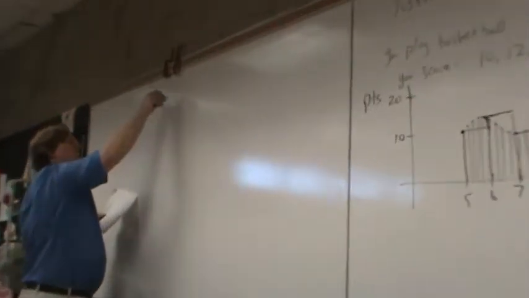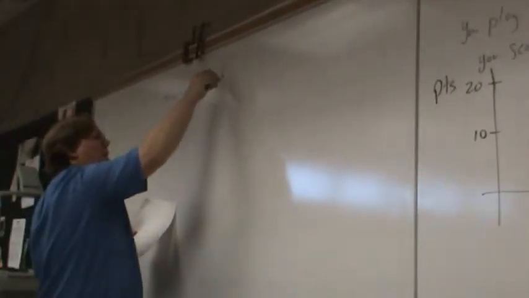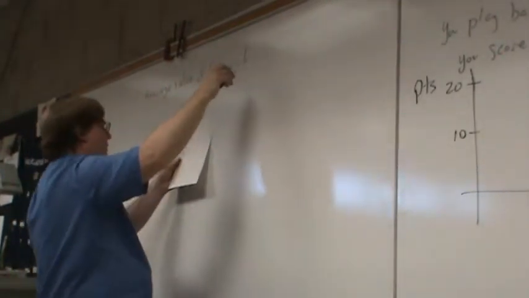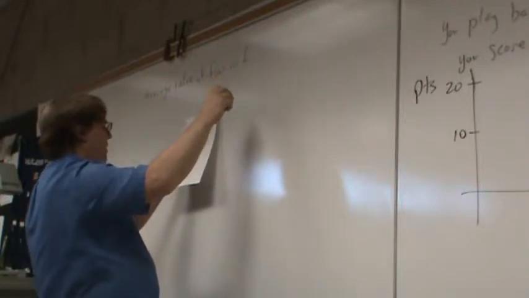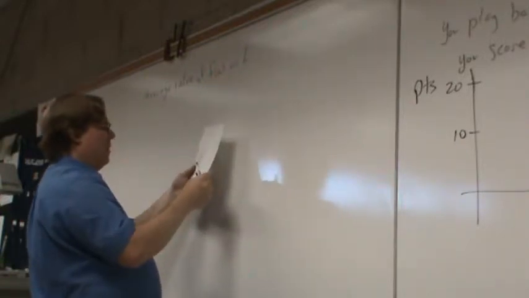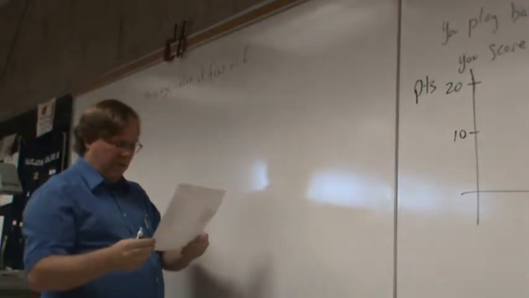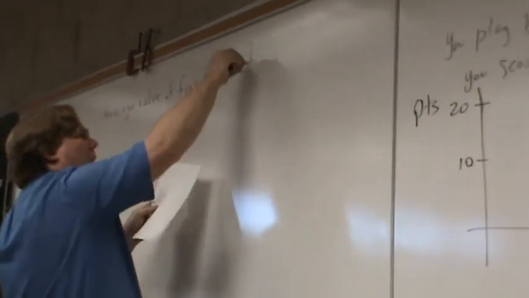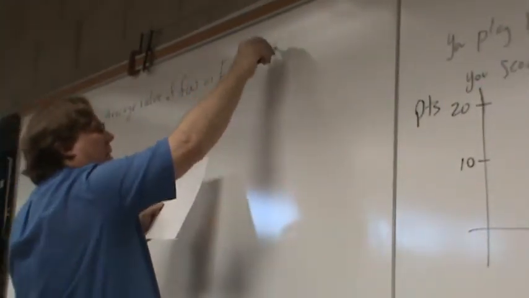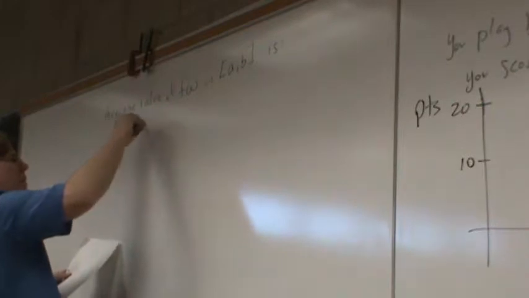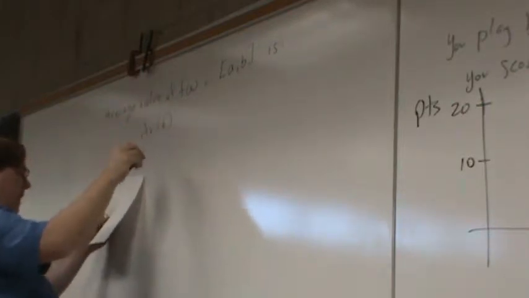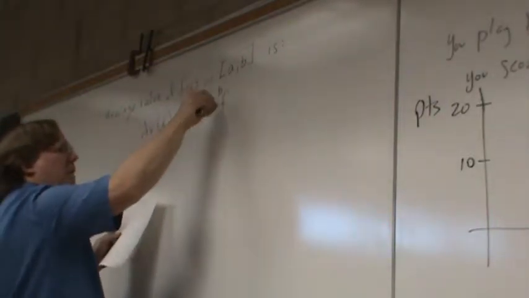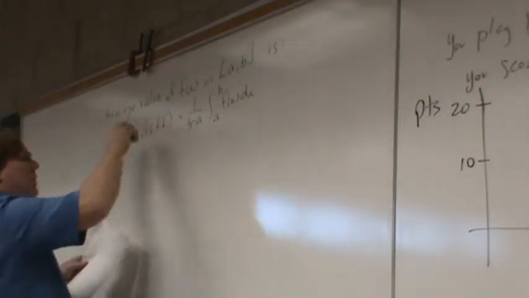Average value of f of x on the closed interval from A to B is written as follows. The way our textbook does it is AV of f equals 1 over b minus a times the integral from a to b of f of x dx. That's it.